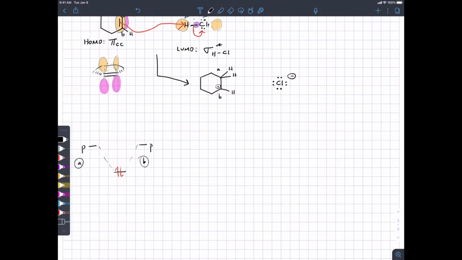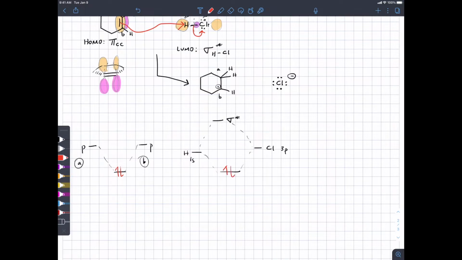The empty orbital is the sigma star, and that came from overlap of an orbital on chlorine, probably one of the p orbitals on chlorine, with the 1s orbital on hydrogen. When we formed that bond, electrons moved down in energy.